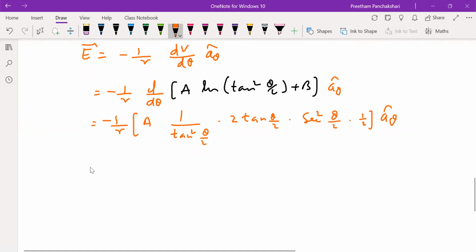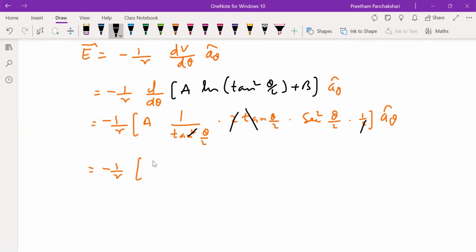Now the simplification gives us, as we all know, the tan term is cancelled. This 2 is cancelled here.